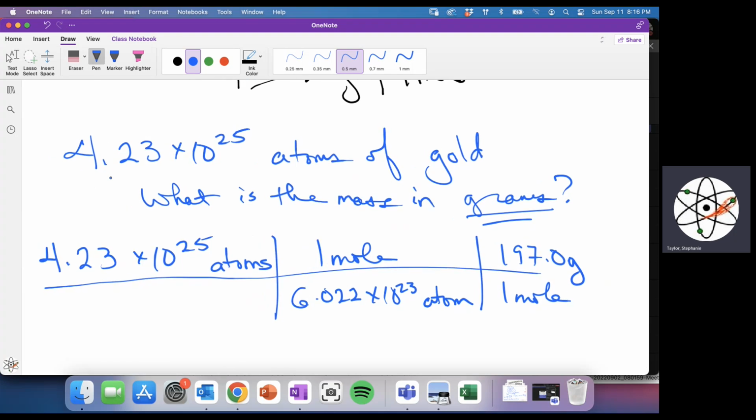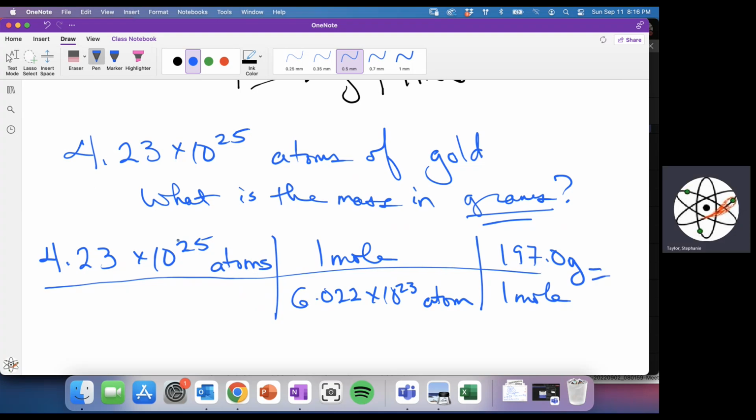One of the other things you should note is, if you ever are starting in atoms, everything should get a lot smaller. Atoms themselves are very small things, which means we tend to have a lot of them in any particular set. So starting off with a whole bunch of atoms makes a lot of sense.